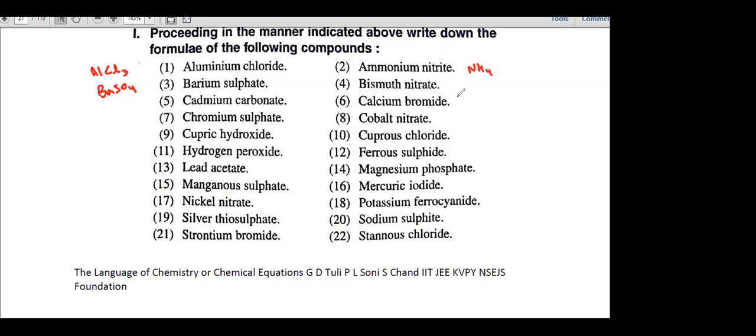Nitrite, what's the formula of nitrite? It is either NO, NO2, or NO3. Sir, NO2. Very good. So it is NH4NO2. Got it?